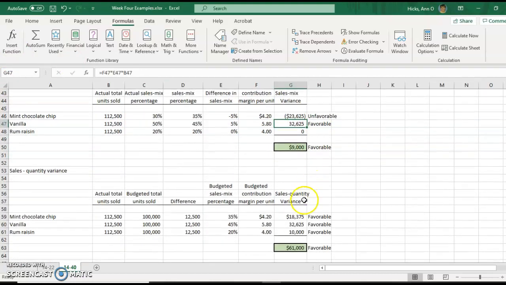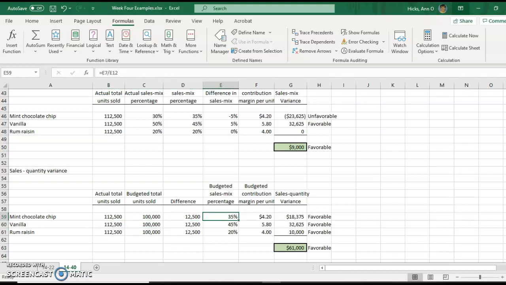Then the last breakout that we want to do is the sales quantity variance. This is the variance that arose strictly because we sold 112,500 instead of 100,000. And so to calculate this, we've got the actual total units sold, 112,500, the budgeted total units sold, 100,000, which is an increase of 12,500.